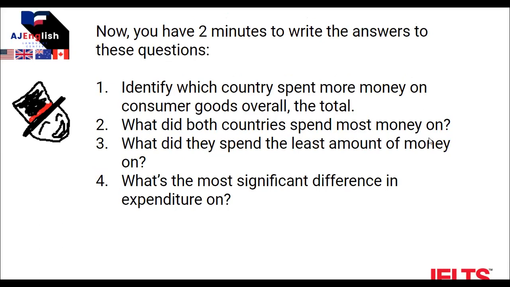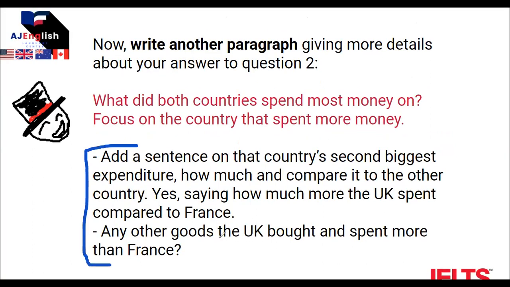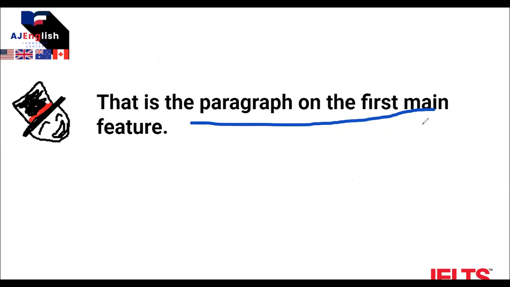And we're gonna go over here and make it a paragraph and add some extra over here. Make sure that this paragraph is complete. The first main feature is going to be focusing on one country. And then that country, I mean, that would be the first main feature.